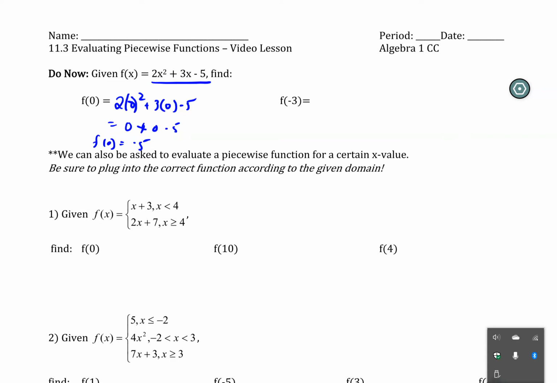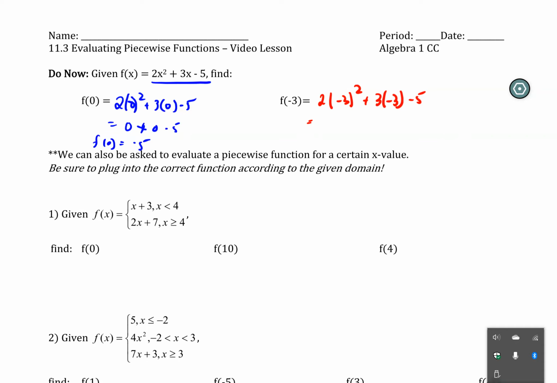We can look over here at this one. So this would be 2 times negative 3 squared plus 3 times negative 3 minus 5. One of the things you want to be extra diligent about when you're plugging these in, especially with negative numbers and especially into the calculator itself, is to use parentheses so you don't make any calculation errors.